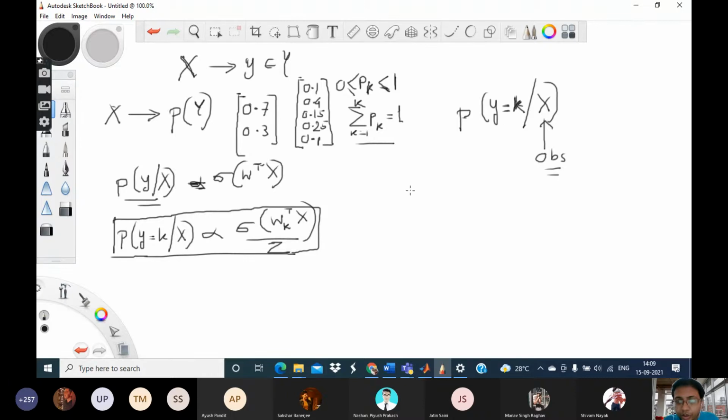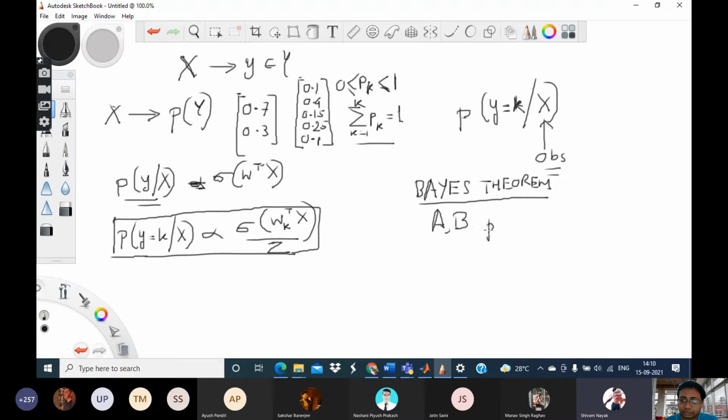Now before analyzing any further, let us recapitulate what Bayes theorem is. Can anyone tell me Bayes theorem? Suppose you have two random variables A and B. What does Bayes theorem tell us?